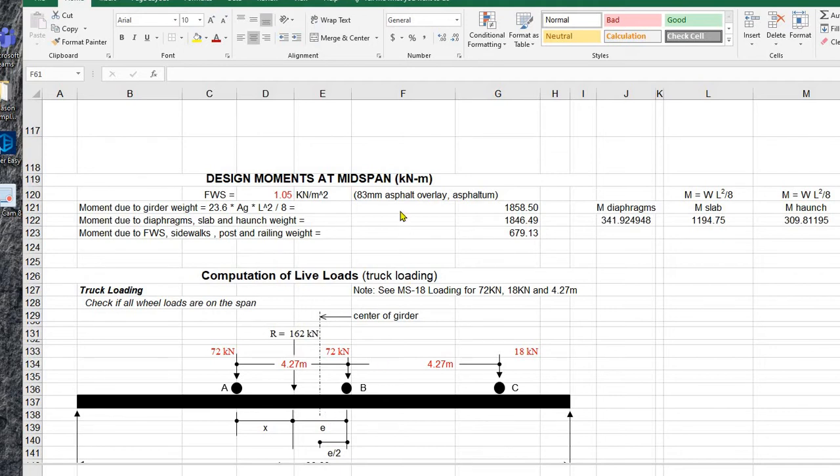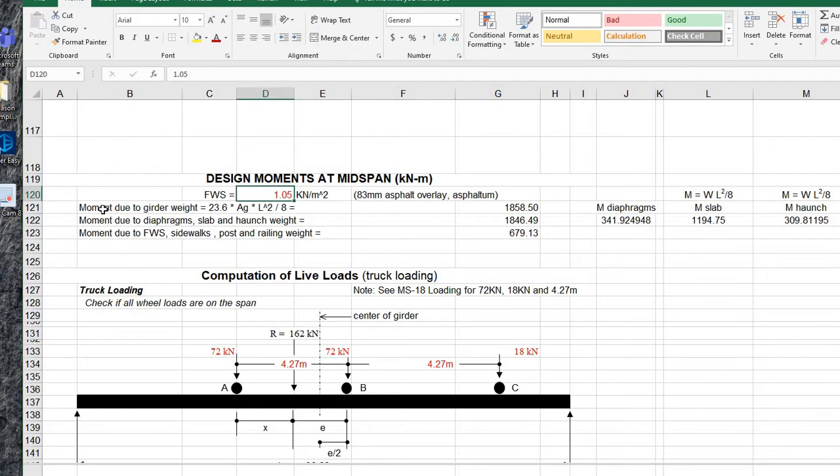Okay, so meron tayong future wearing surface. Yan yung asphalto na ipinapatong sa thickness of slab, ano? Yan yung, let's say, naglagay ako ng 83 mm na asphalt overlay 1.05. So this is input data.